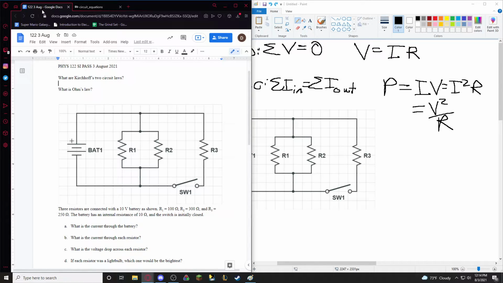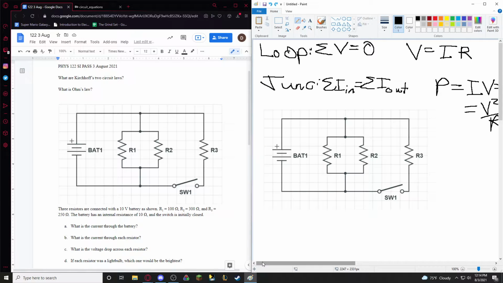But the best way to understand circuit stuff is to just practice. Do practice problems, work through them, and practice breaking them down step by step. So let's go ahead and hop into an example. And if you want, we can look at that discussion one at the end, because it really doesn't matter what examples we go over as long as we're going over examples.